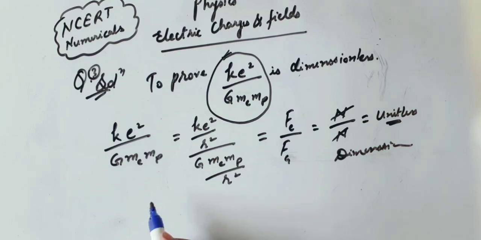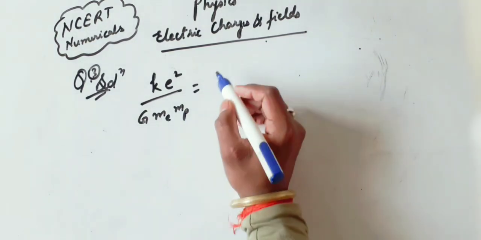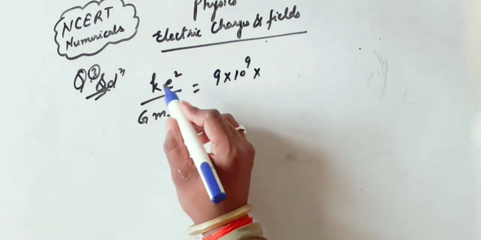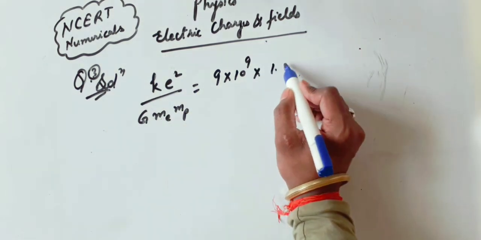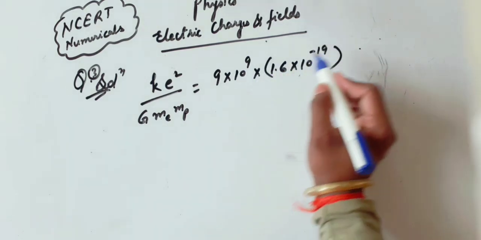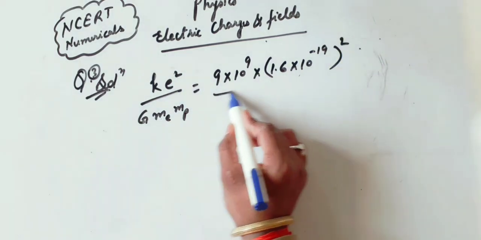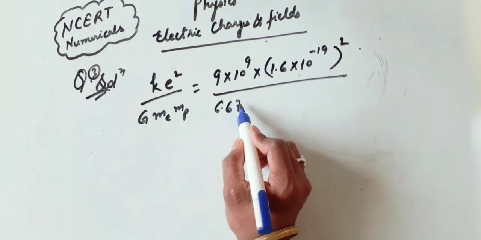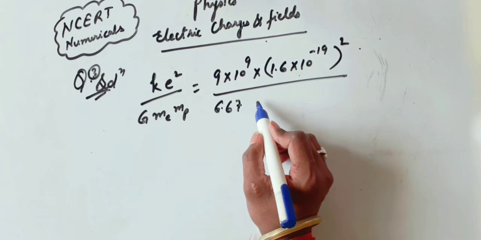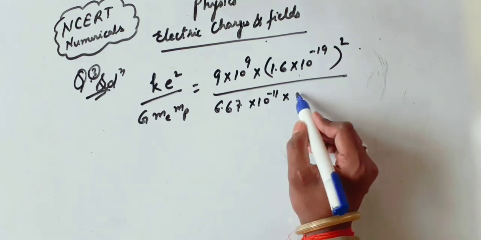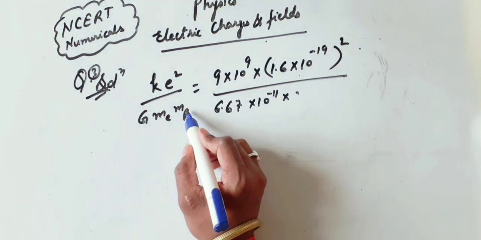Now we will find the value of this given equation. As we know, the value of k is 9 into 10 to the power 9 into the value of e, which is 1.6 into 10 to the power minus 19 coulomb, and here square, and the value of G is 6.67 into 10 to the power minus 11 into the mass of electron and mass of proton.